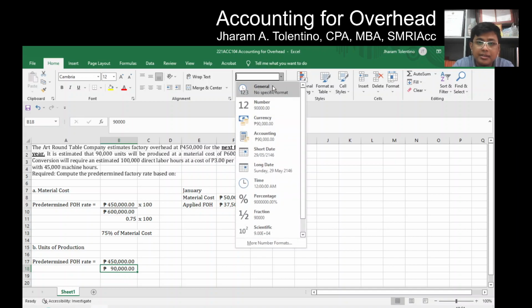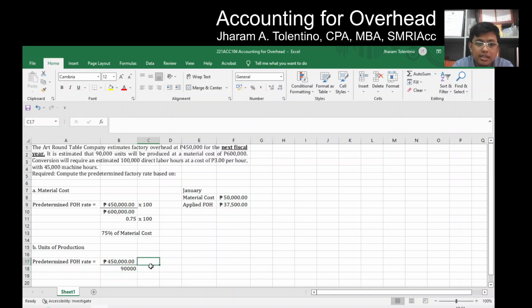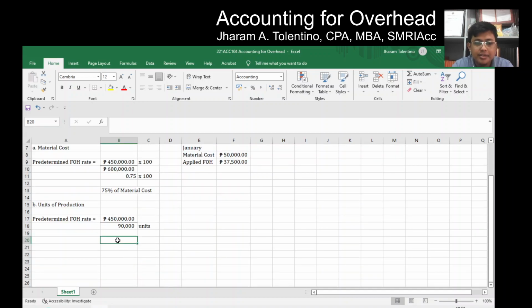Tanggalin natin yung peso. So, 90,000 units. What comes out there? It's 450 divided by 90, which is 5 pesos per unit.